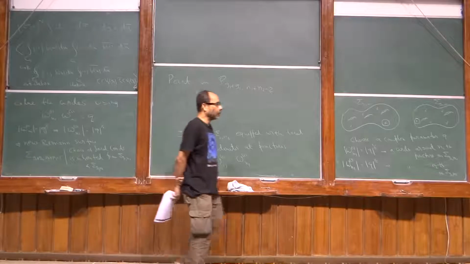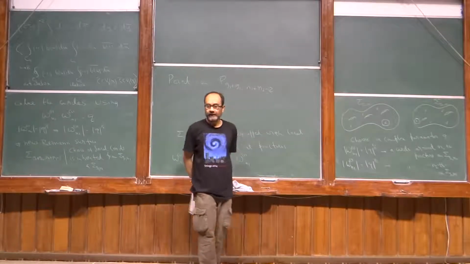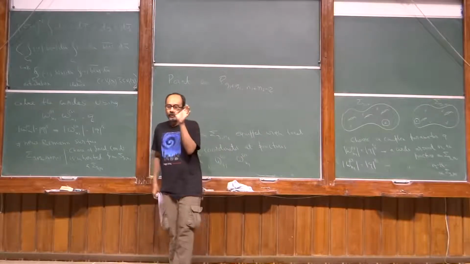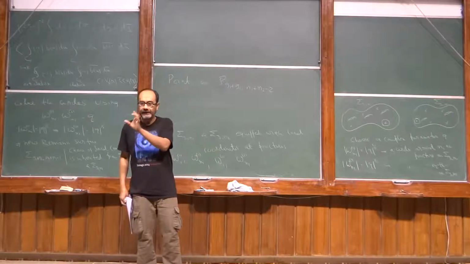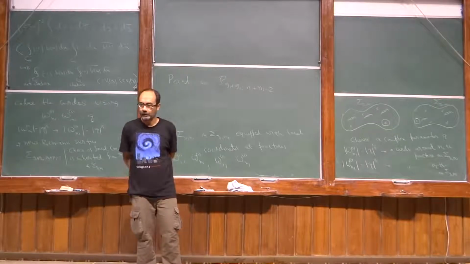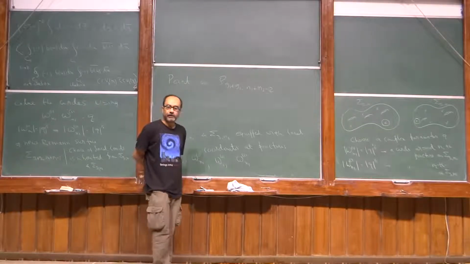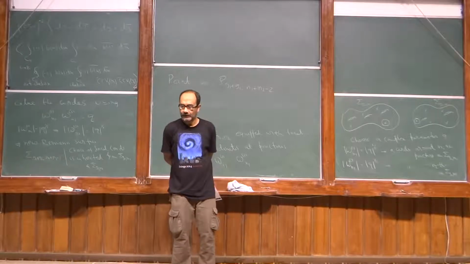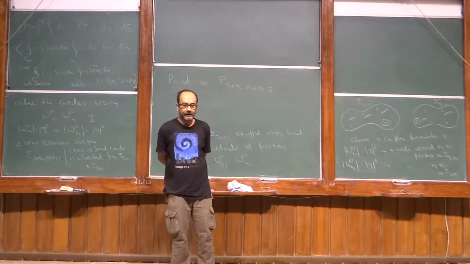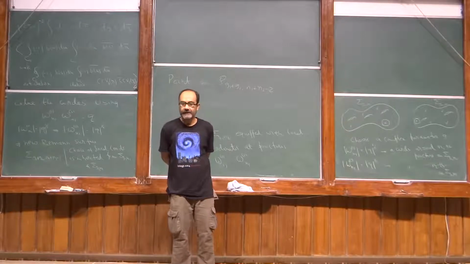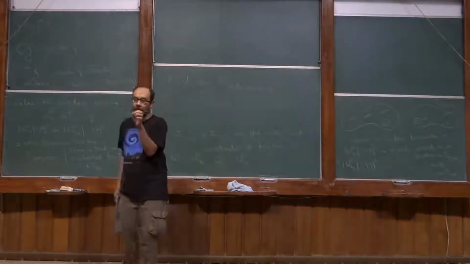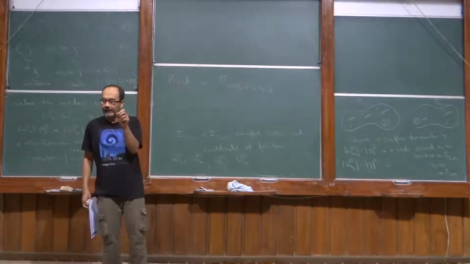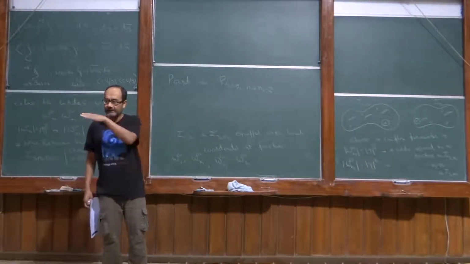But one can in fact say more. Here we started with two points on Pg1 n1 and Pg2 n2 and arrived at a point in Pg1 plus g2 n1 plus n2 minus 2. But let's imagine that we have two sections: a section on Pg1 n1 and a section on Pg2 n2. Once you glue, you not only get a single point but a whole subspace.